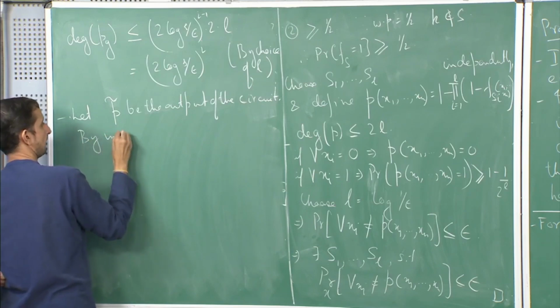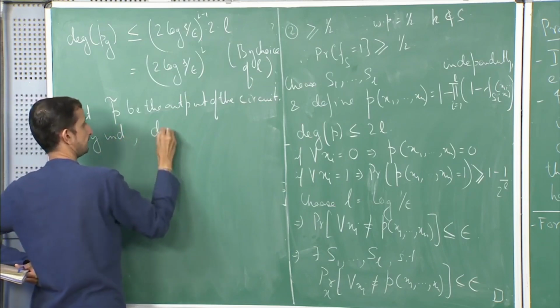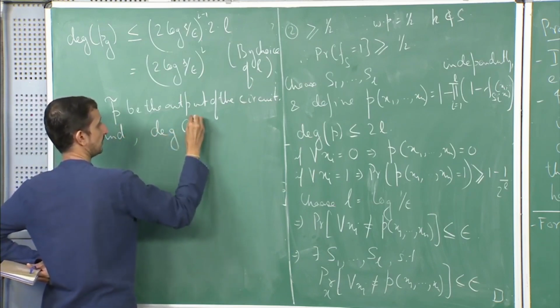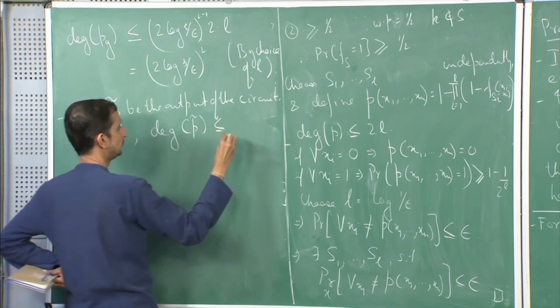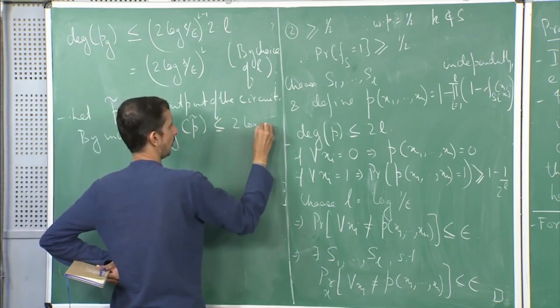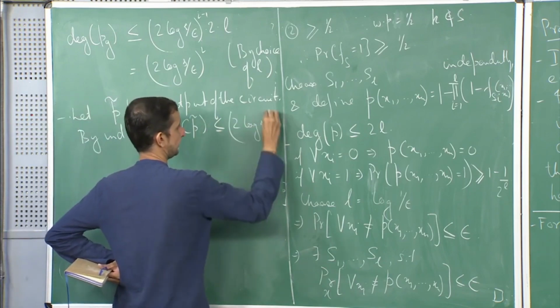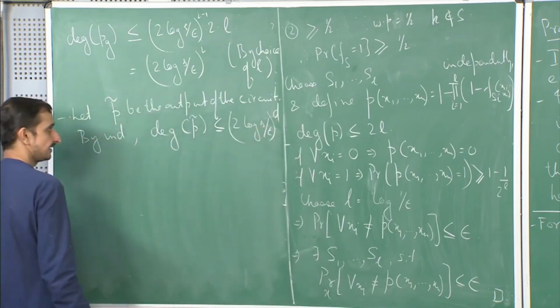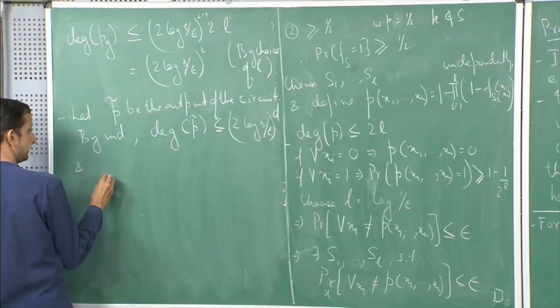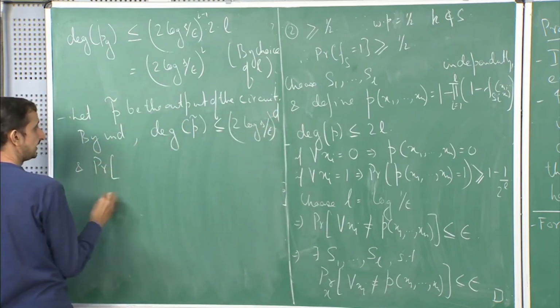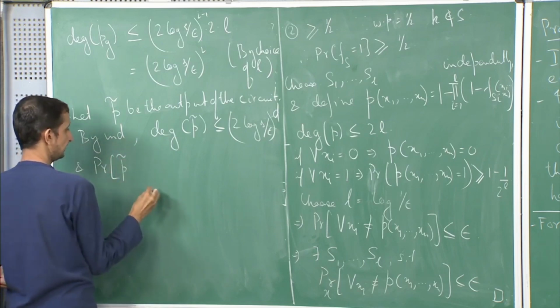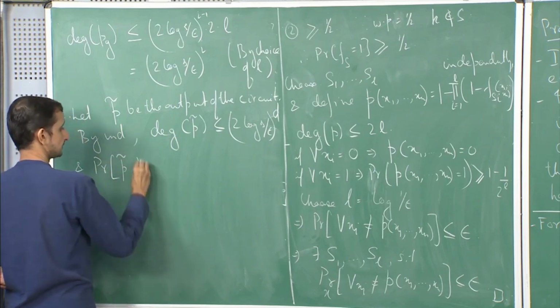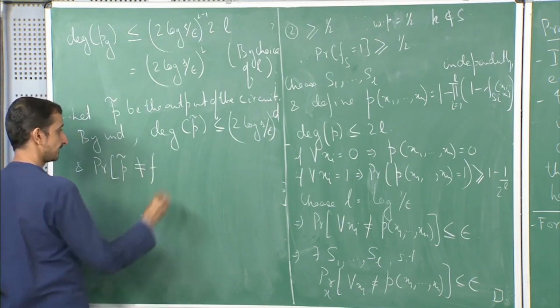By induction, we have that the degree of P tilde is at most 2 log S by epsilon whole to the power d as we wanted, and we need the probability that P tilde differs from my function f.